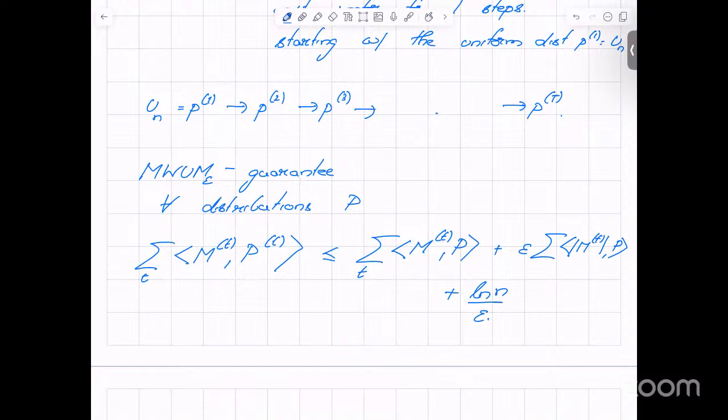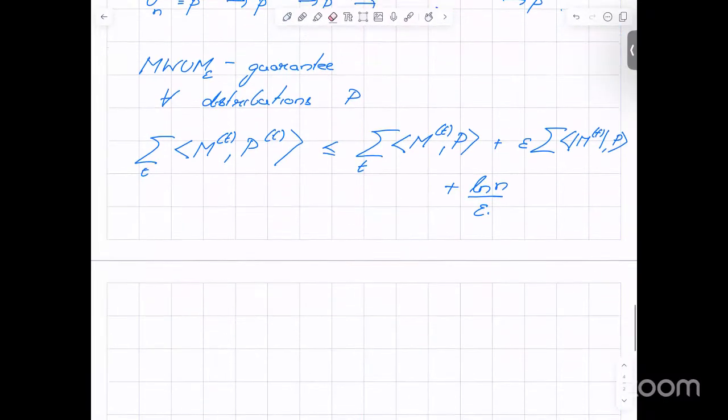Now, m_t P_t, what is it? It is the expected payout of the row vector J. This is actually the best response if I play P_t. So each thing is actually C(P_t), because the oracle is written J(P).